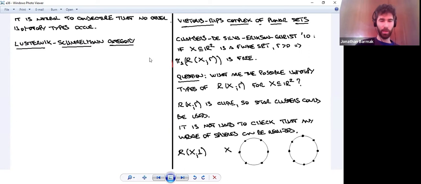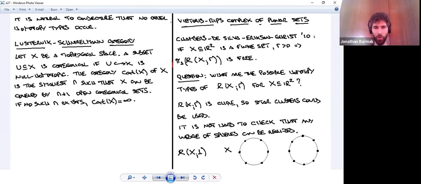So let me tell you what we thought about with Martin Tancer back in 2010, 2011. I will recall the notion of this homotopy invariant, the Lusternik-Schnirelmann category. The definition is the following: X will be now any topological space. A subset of X is said to be categorical if the inclusion is null homotopic, homotopic to a constant map.